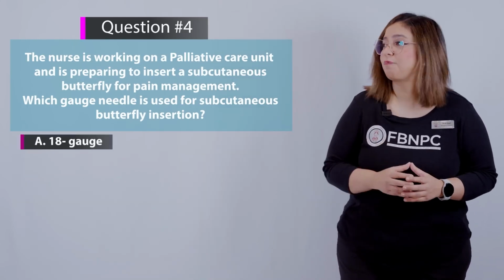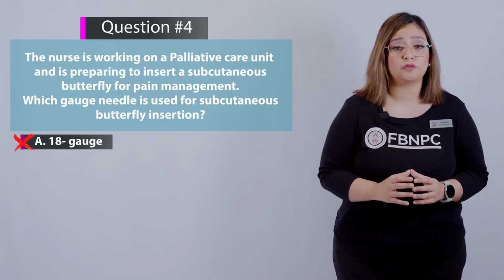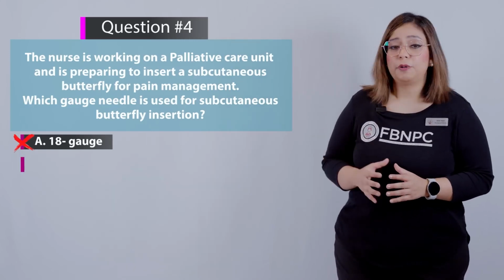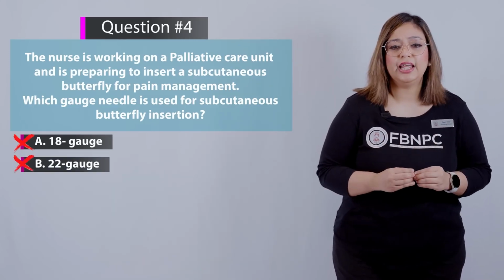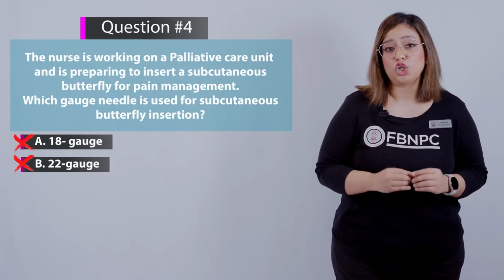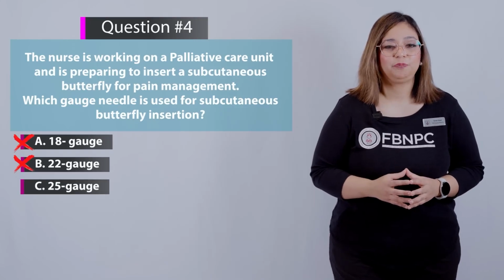Now let's discuss. A, 18 gauge, that is incorrect. That is too large a gauge for subcutaneous injection. Option B, 22 gauge, that is also incorrect. A smaller gauge should be the answer for this one because 22 is still large. How about option C, 25 gauge?